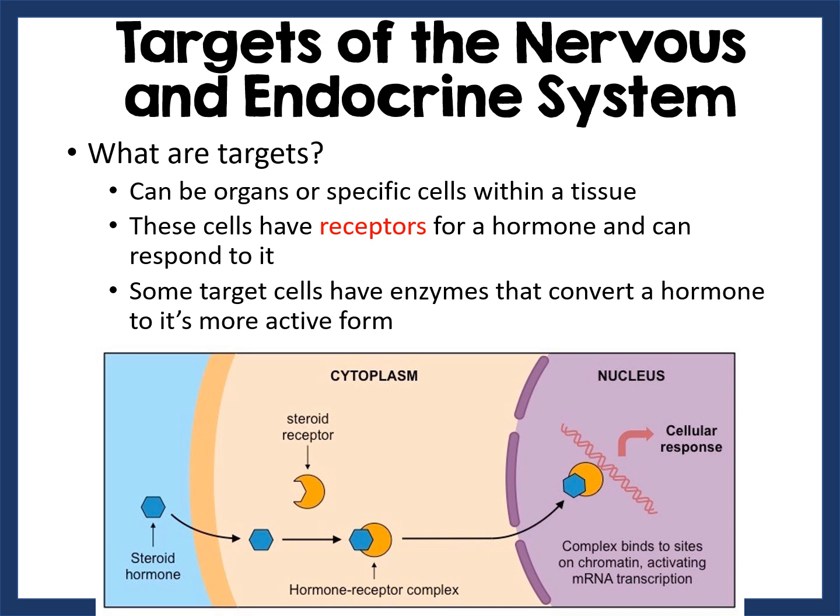So these targets can be organs or specific cells within a tissue. But these cells have to have a receptor for the hormone and can respond to it. Some target cells may have an enzyme that will actually convert the hormone to its more active form.